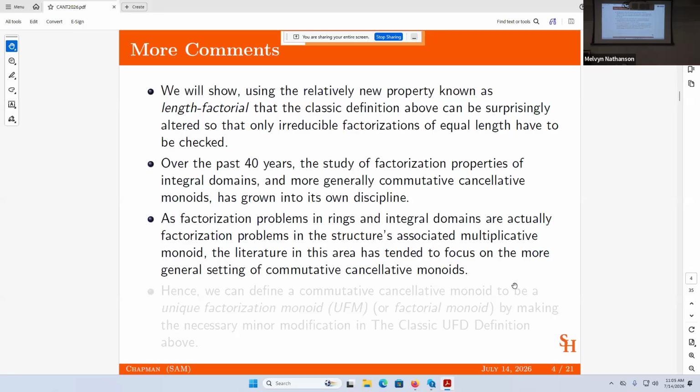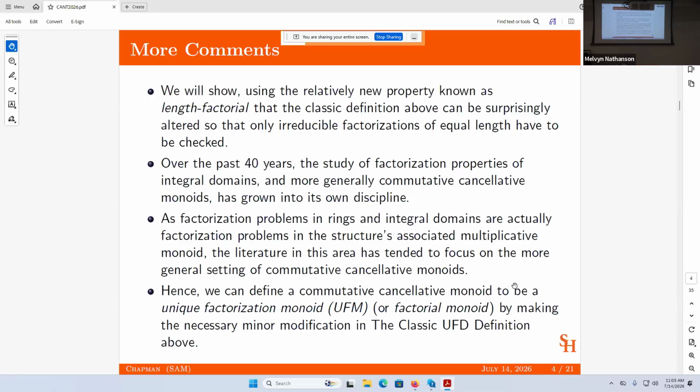So again, if you look through the recent literature, more of it focuses on monoids in general than rings. But again, one of the points of the talk here is that factoring in an integral domain, while it does live within the world of monoids, that second operation, the addition operation, does force some really strong structure on the multiplicative operation.